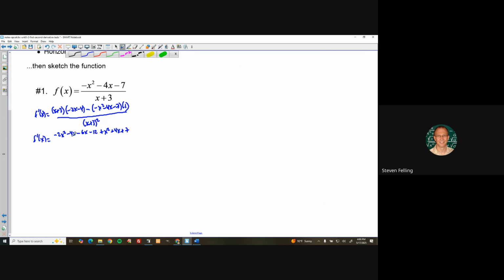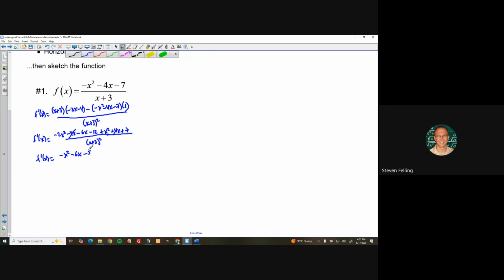I'm going to leave the x plus 3 squared factor like that. Okay, let's combine like terms, f prime of x. Negative 2x squared plus 1x squared is negative 1x squared. We have negative 4x, negative 6x, that's negative 10x. Actually, this negative 4x and this plus 4x cancel, so that's negative 6x. And then we have a negative 12 plus a 7, so that is negative 5.